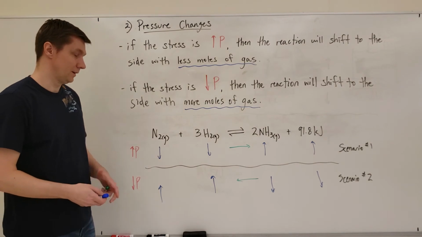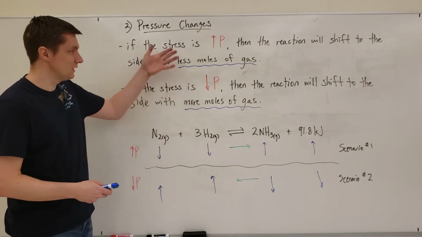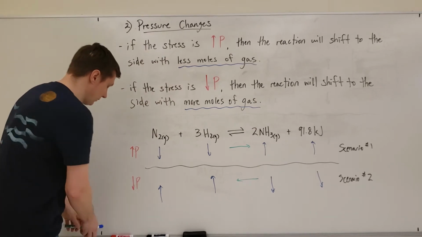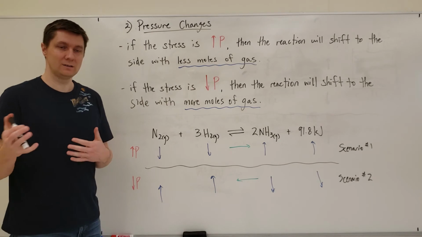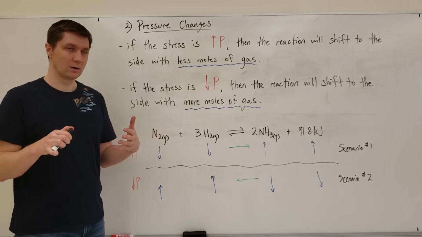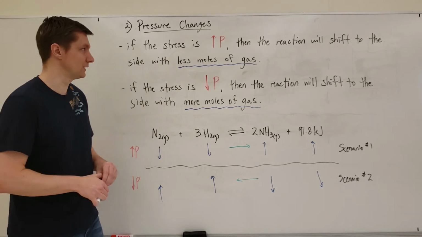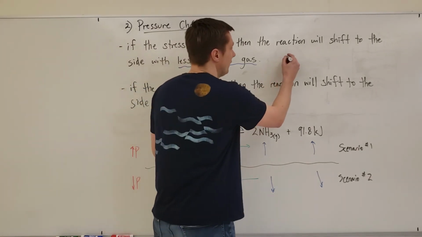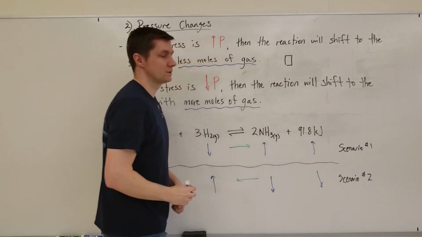And the thing about pressure is, why does it do this? You just have to think about a container. If you're increasing the pressure, what you're doing is making less space for the moles of gas to exist. So if you increase the pressure here, really what you're doing is making the container a lot smaller.